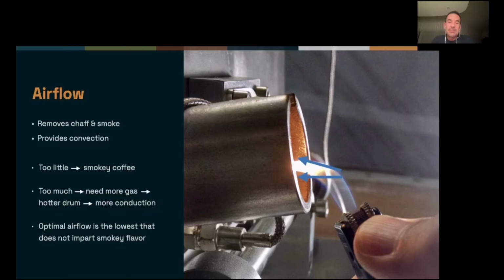But in any machine other than a classic drum roaster, we're not as concerned about the precise airflow level, in the sense that we're not trying to manage the drum surface temperature. So the short answer is that the airflow isn't a concern as long as it's high enough to remove the smoke and chaff.